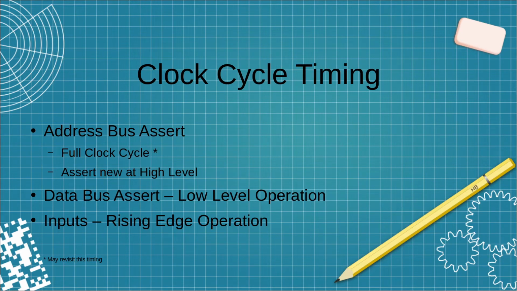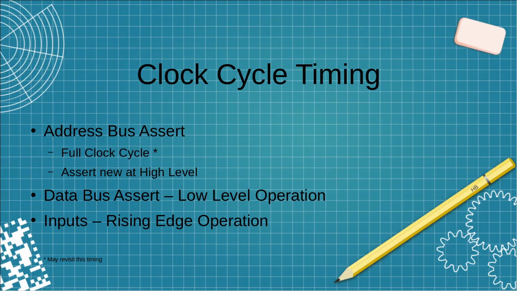Clock cycle timing: the address bus is going to be asserting the address onto that bus for memory for the entire cycle. In the previous instruction examples, the memory address is going to be asserted onto that line for the entire clock cycle, and we're going to assert a new address onto that address bus at the high level.